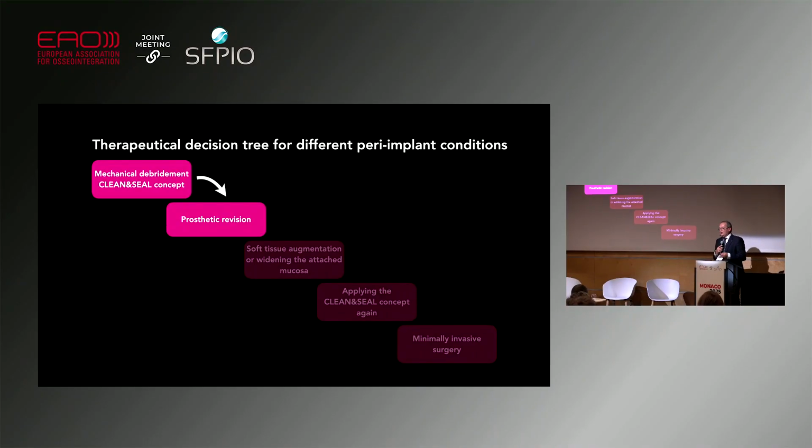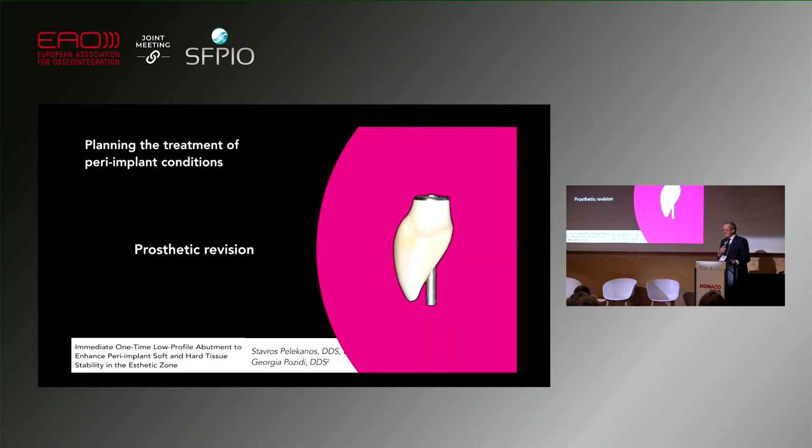So if you have an early detected case with a marginal bone loss, then probably the prosthetic revision can help. You can see that we want to have an absolutely low profile, individually formed prosthetic work, and below the submarginal level only titanium or zirconia material can be located.